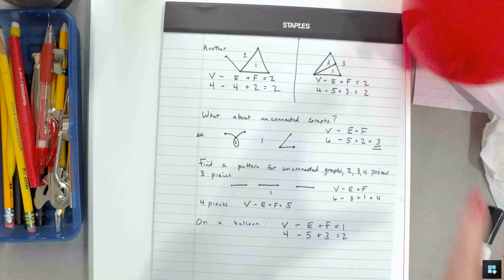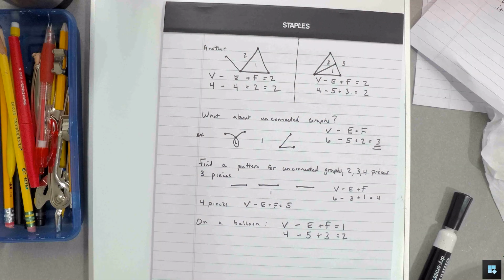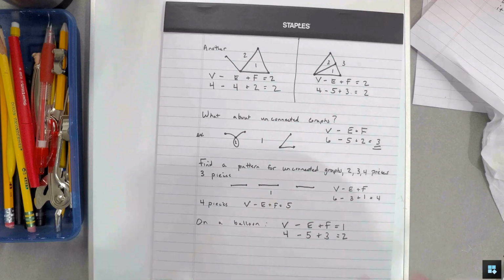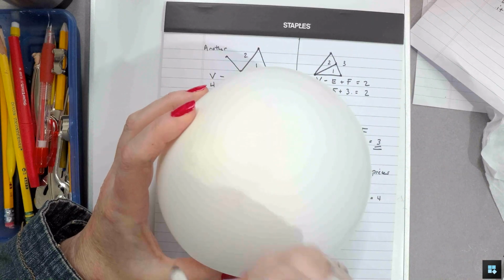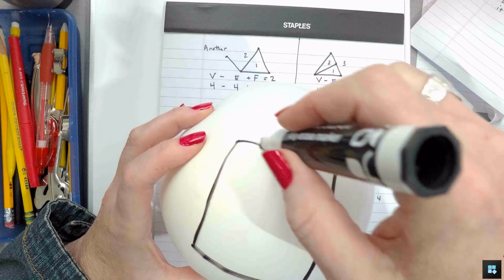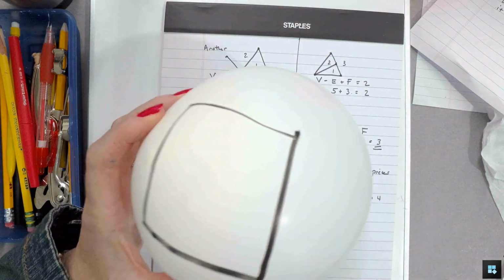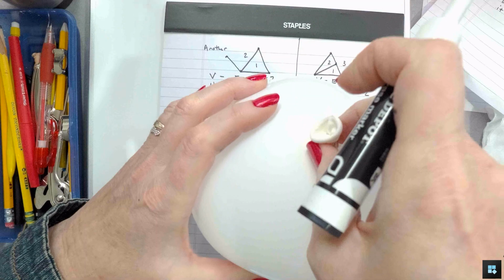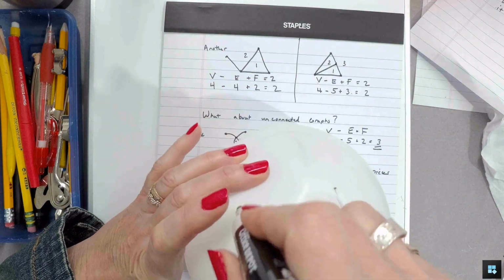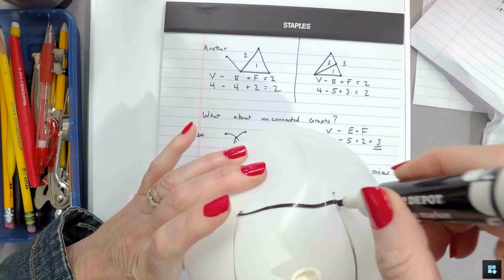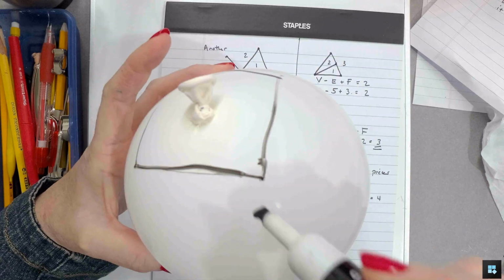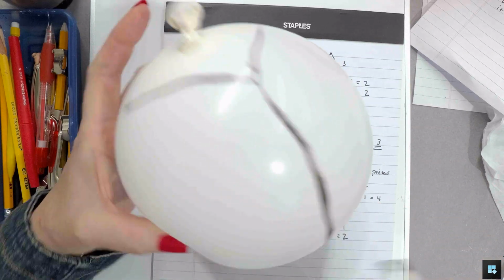Well, we can do a 3D drawing of our cube or any of the Platonic solids on a balloon. So I'll put the cube on the balloon because that's actually the easiest to draw on the balloon here. Okay, so there's one face, and then I'll draw the bottom face. Okay, and then I'll connect my sides, the top and bottom connect.